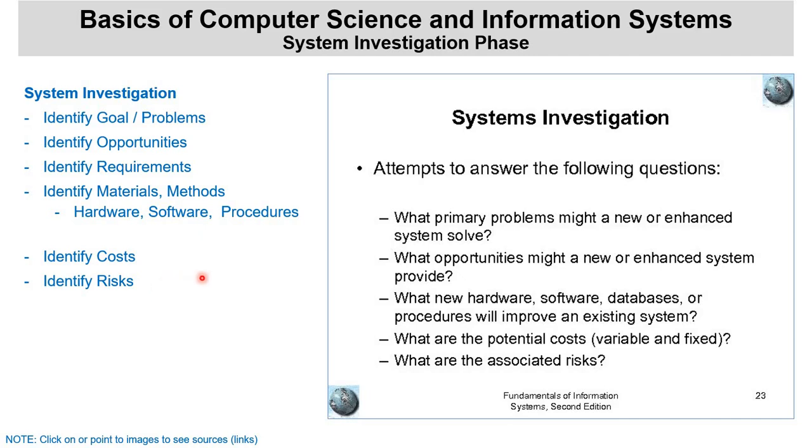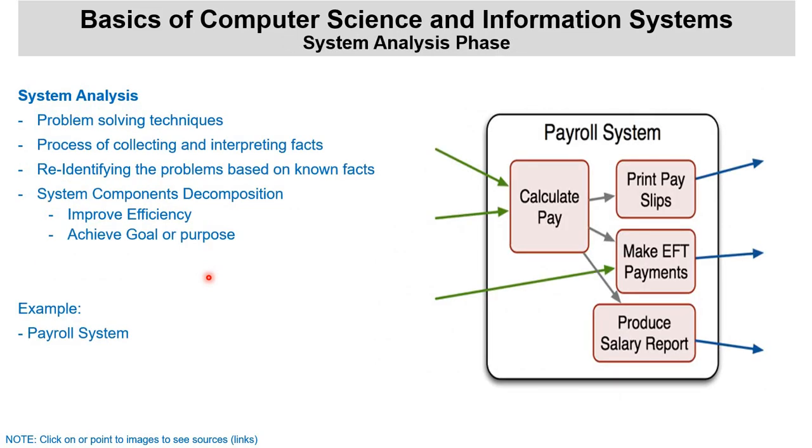Now, being able to identify all this helps you with the early part of developing a business system that works, that can use information in a nice way for the operation of the company. And just by doing that, you also need to do the next phase, which is analyzing the system.